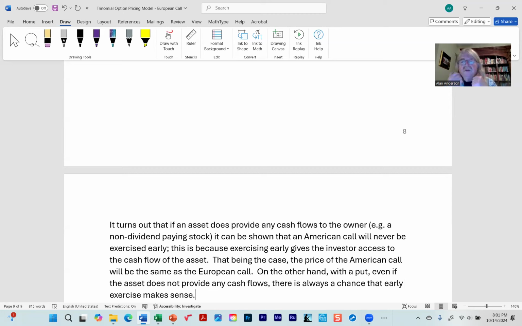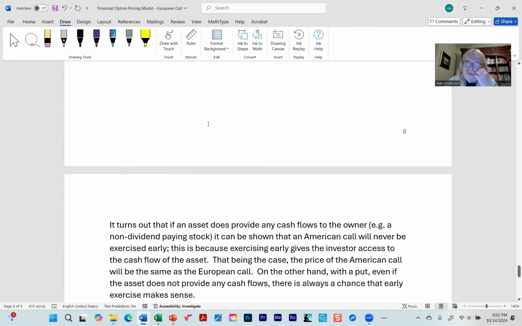It has to do with the opportunity cost of not exercising and leaving the option sitting there when you could be exercising and using the proceeds to invest. But the bottom line is American calls, if there's no underlying cash flow, will always be worth the same as a European call, but this is never true with a put.